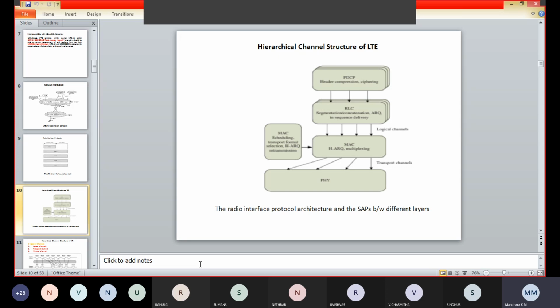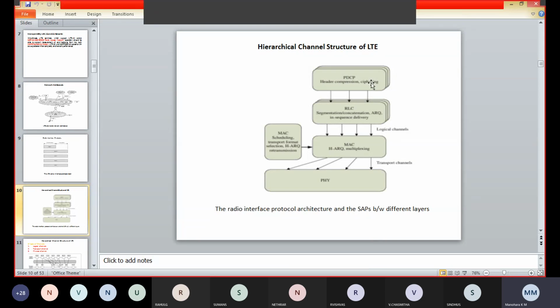Next we have transport channels, that is, how to transmit. The transport channels are used by the physical layer to offer services to the MAC.